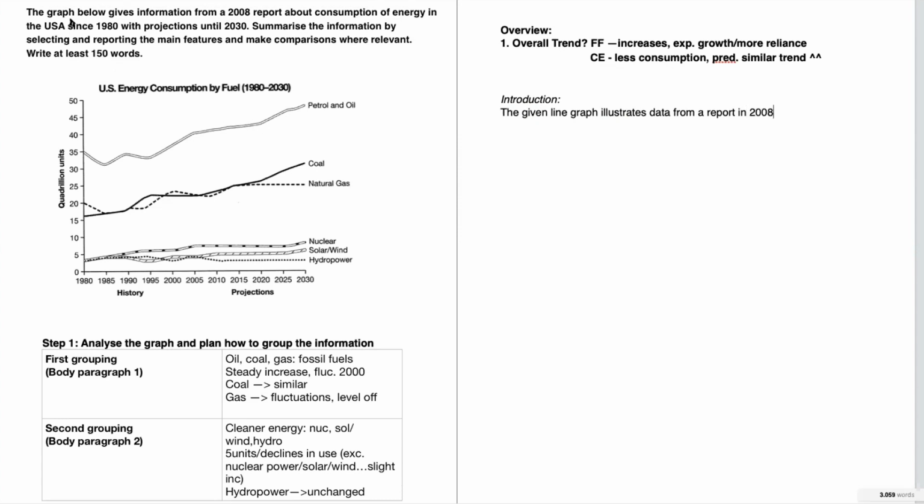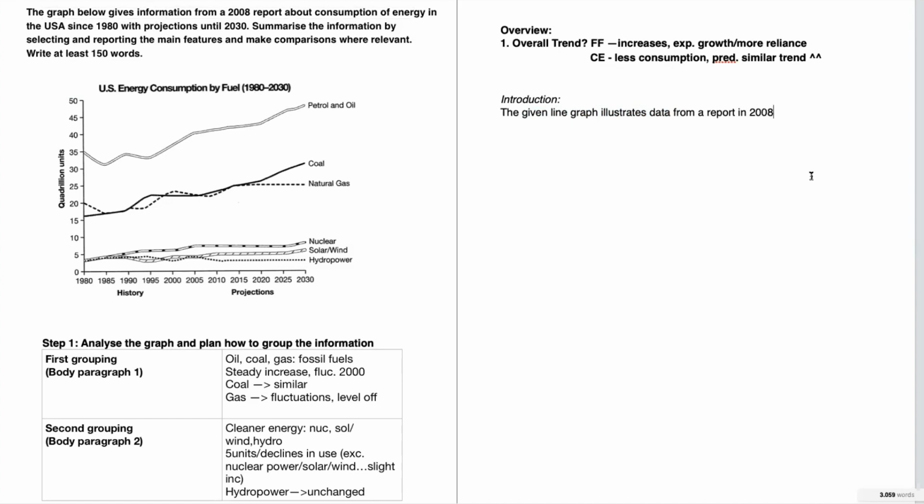Okay, so you see how instead of saying the graph below, I've said the given line graph. Instead of saying gives information, I've said illustrates data. And from a 2008 report, I've said a report in 2008. Let's continue, about consumption of energy in the USA since 1980 with projections until 2030.